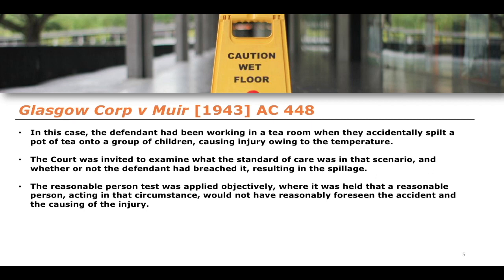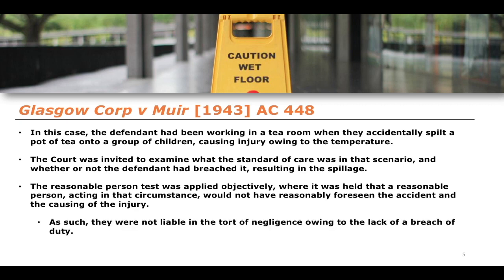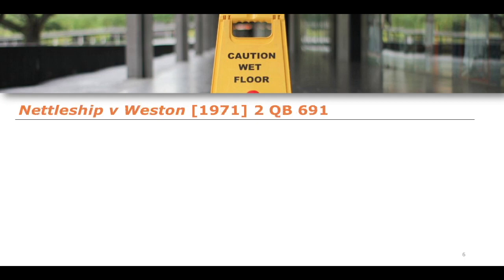It was seen that a reasonable person acting in this scenario would not have done anything really any different to the defendant, and so they were not liable in the tort of negligence because they didn't fall below the standard. A reasonable person would have acted in a very similar way to the defendant in this case.